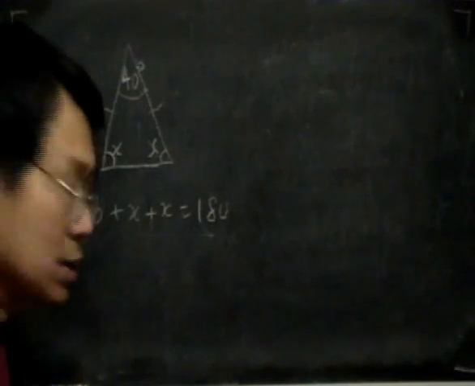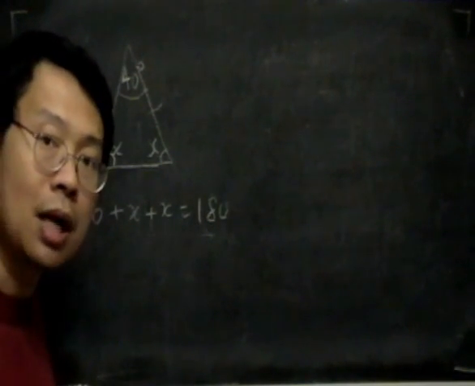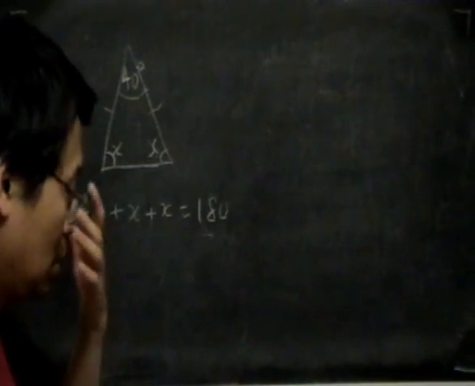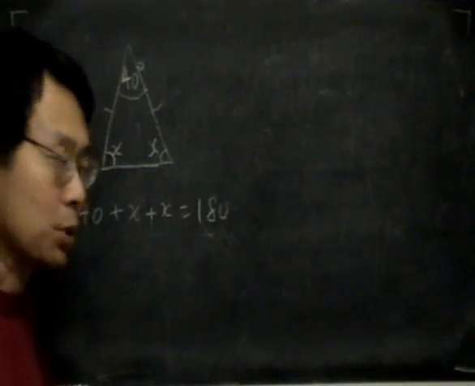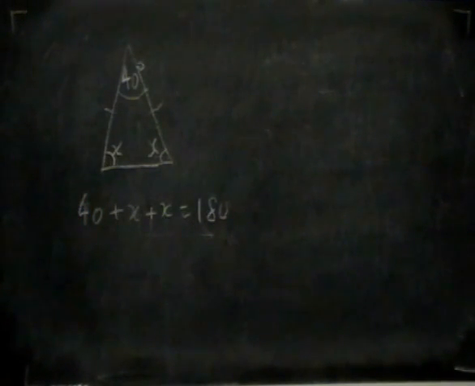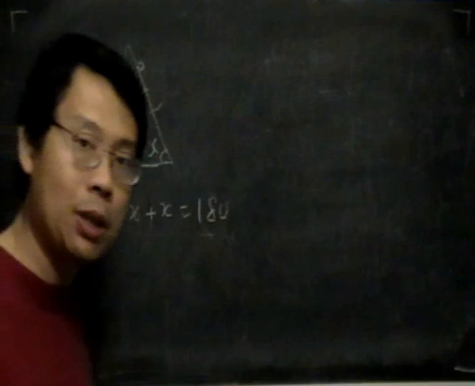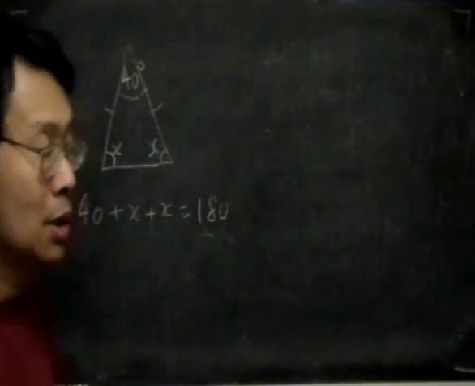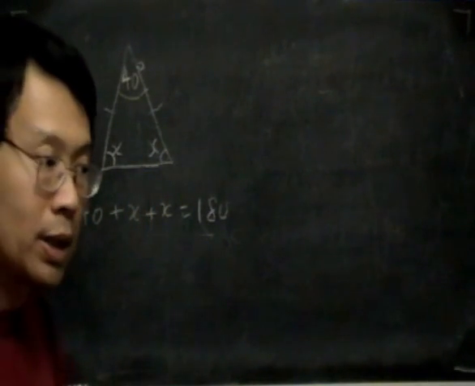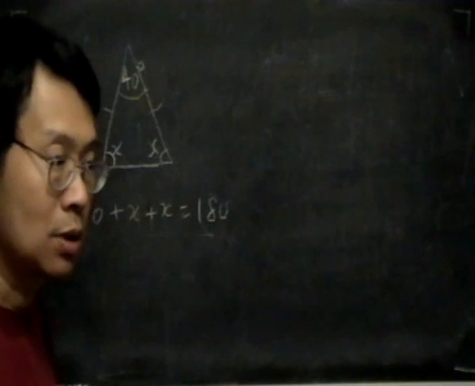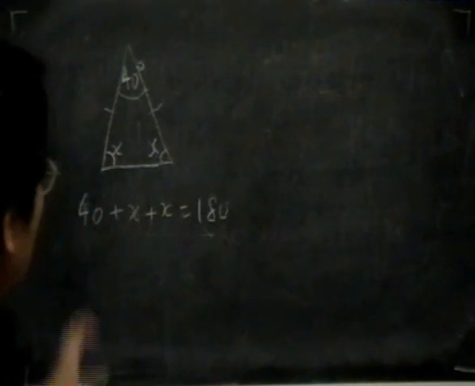So if you do this, you find that you have an equation and you can solve for the x using algebra. Now, but for this simple example, we can also do it more quickly just using arithmetic directly.